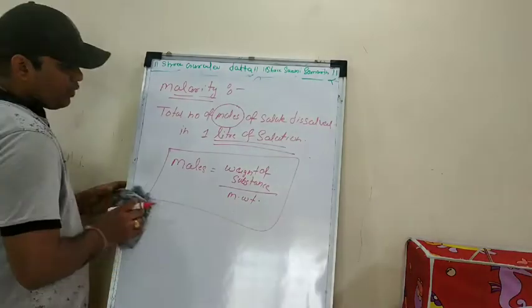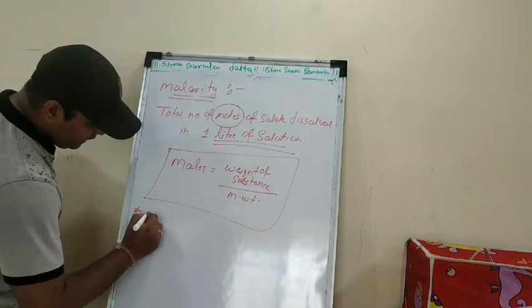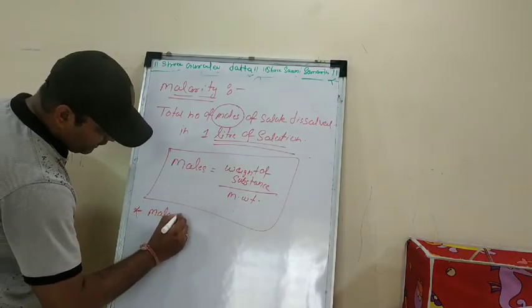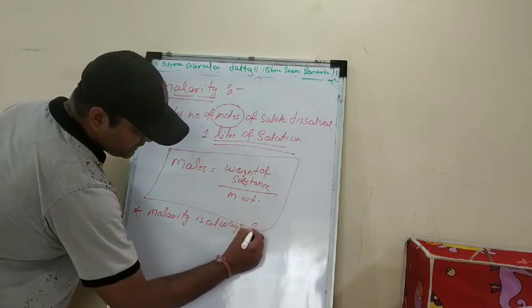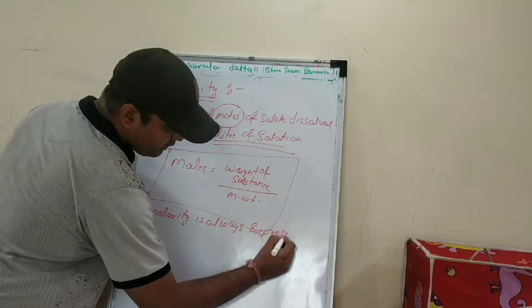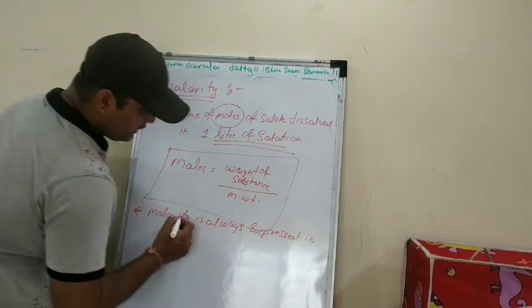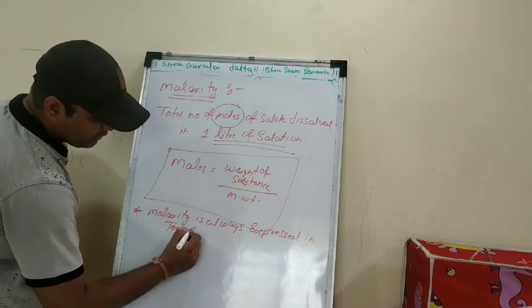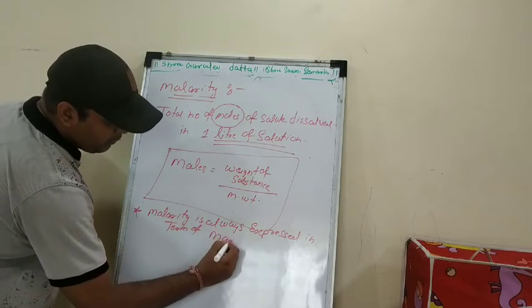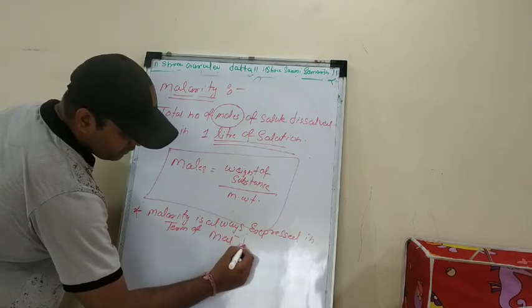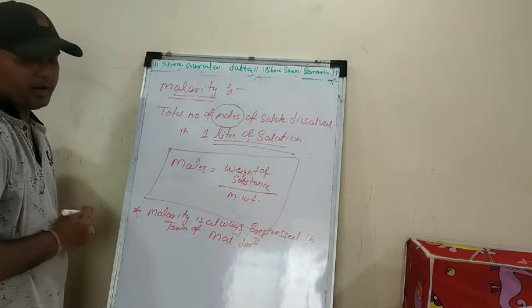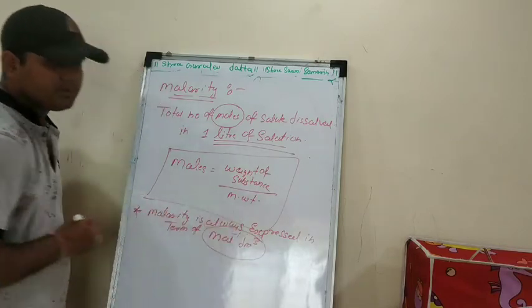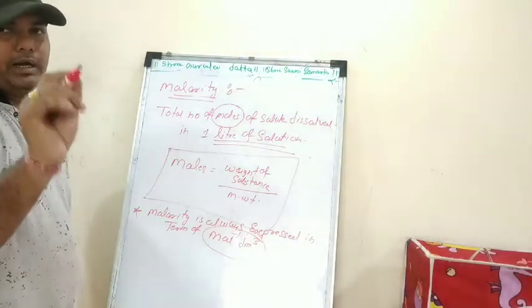Okay, now one more thing. Molarity is always expressed in terms of mole per dm cube. Mole per dm cube, right? Always remember it is expressed in terms of mole per dm cube, right?